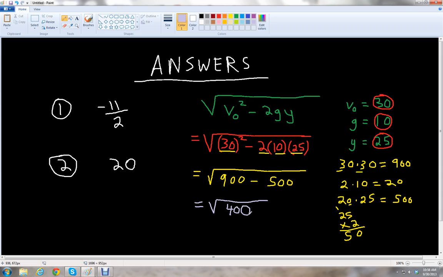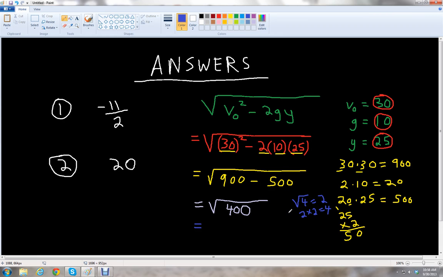Okay, so the square root of 400. What number times itself would give me 400? Well, I know that the square root of 4 is 2, because 2 times 2 is 4. 400 is a lot bigger, right, than 4.